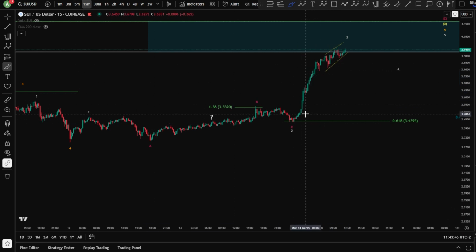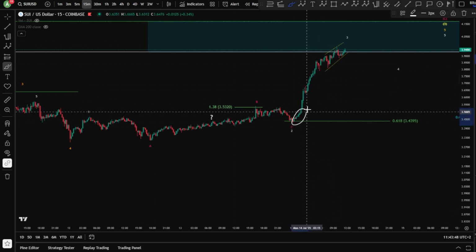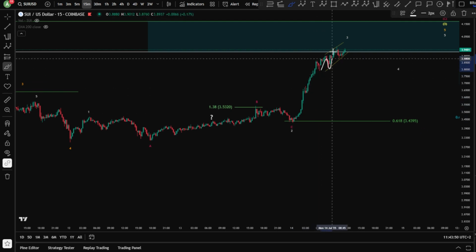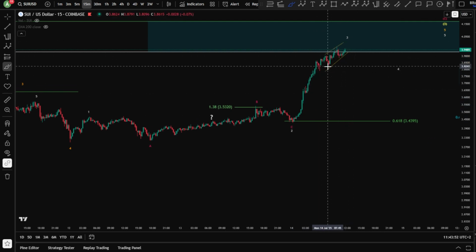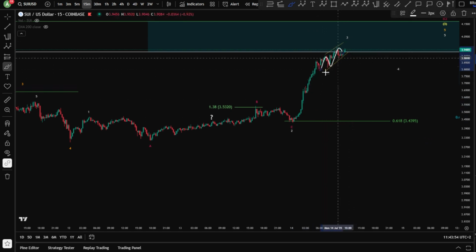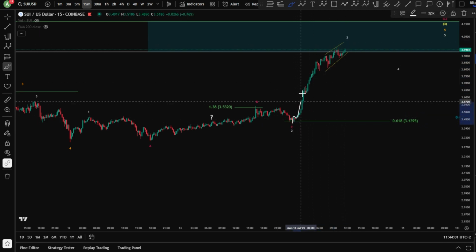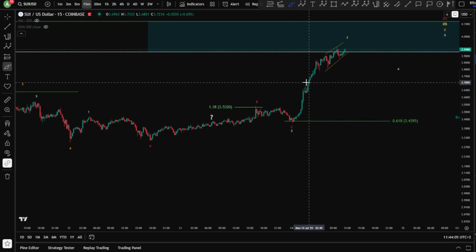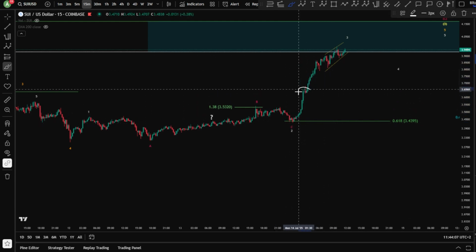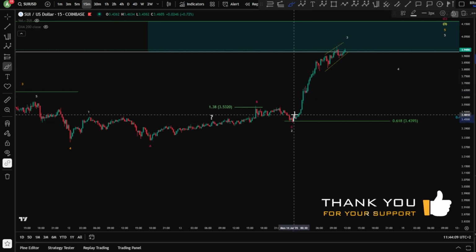Potentially you have like several 1 2s somewhere here inside it, like several 1 2s finishing for 5 4 5. But also take it into consideration that this might be a big ending diagonal as well, like 1 2 3 4 and a 5, because you have a wave 2 here, 1 candle, and wave 4, 3 candles. So it's already alternative.